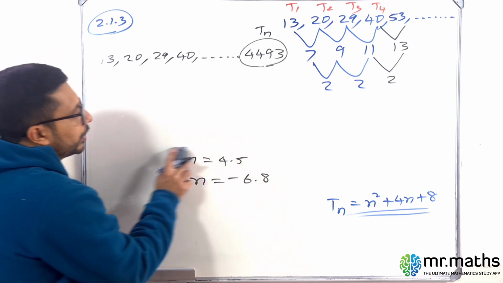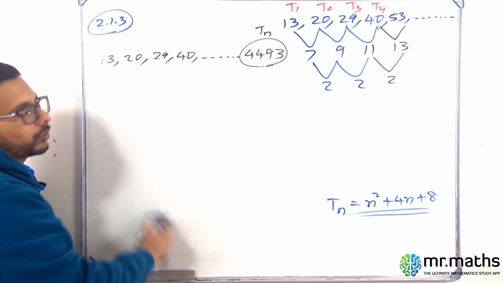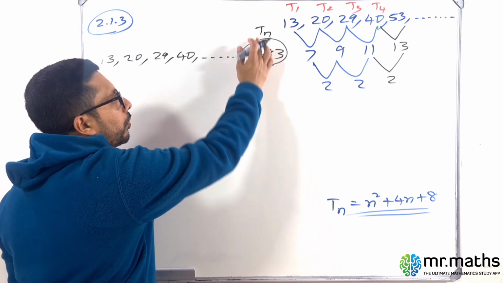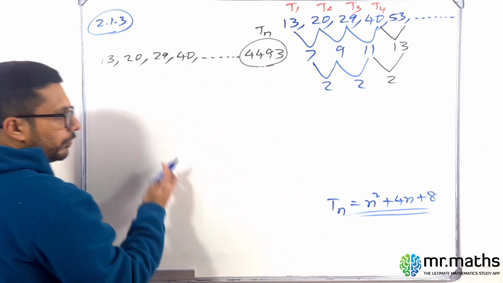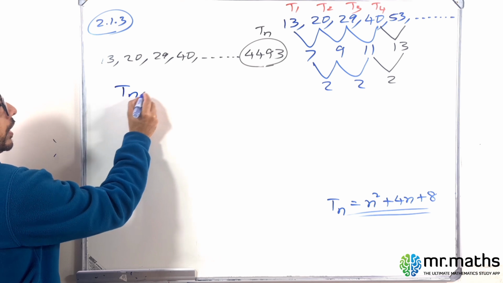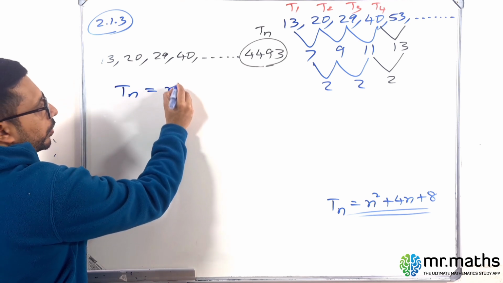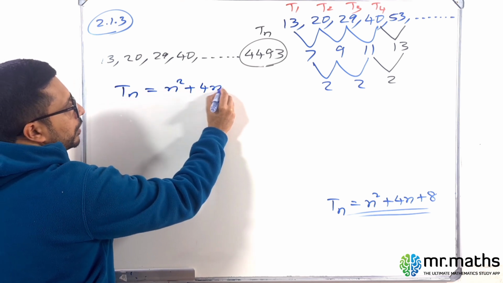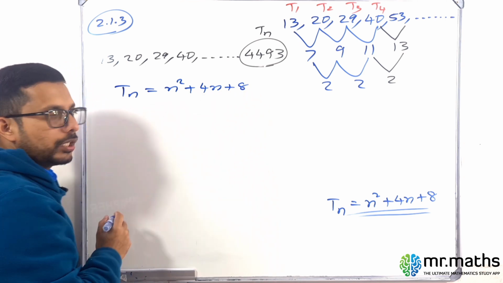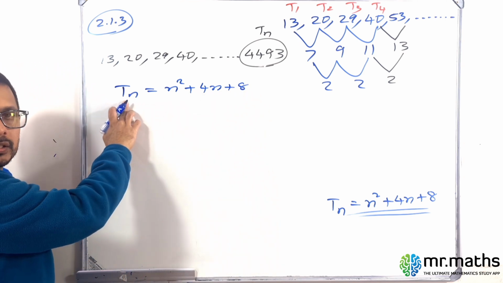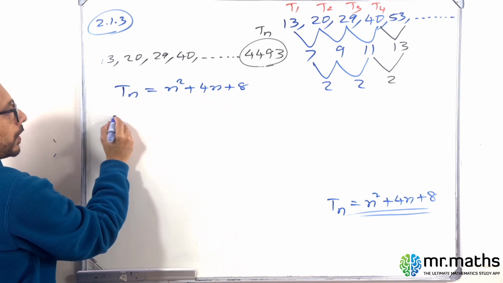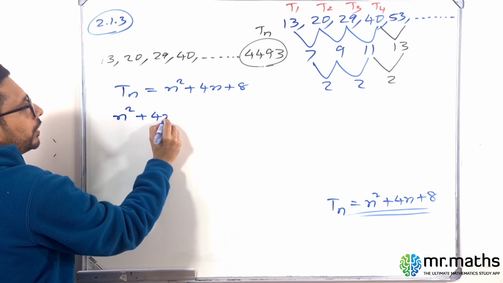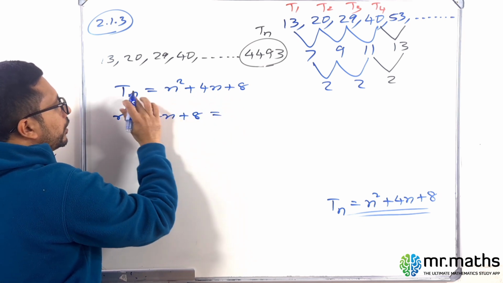Now what you have to do is call 4493 as Tn. What is Tn? We already got an expression for the general term Tn, that is n squared plus 4n plus 8. So let me write this one first. n squared plus 4n plus 8 is equal to Tn.